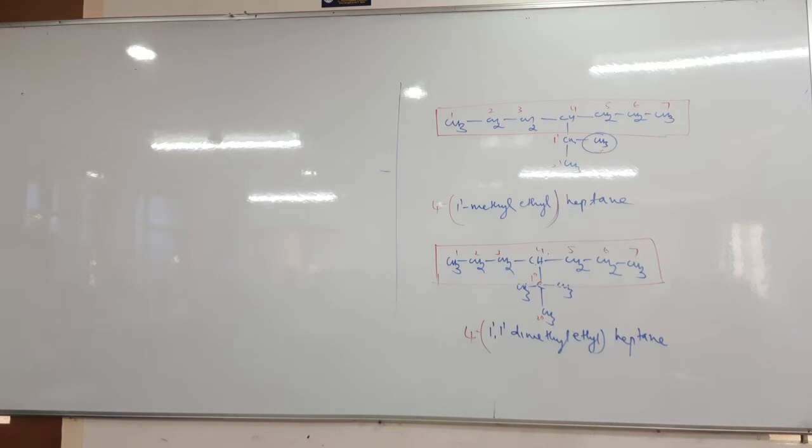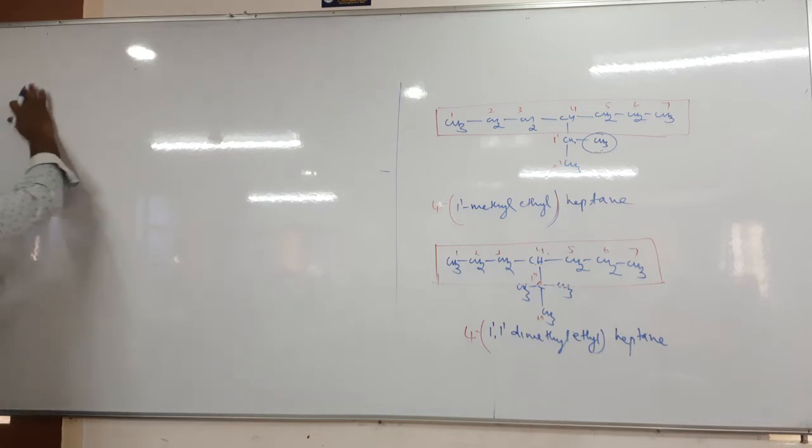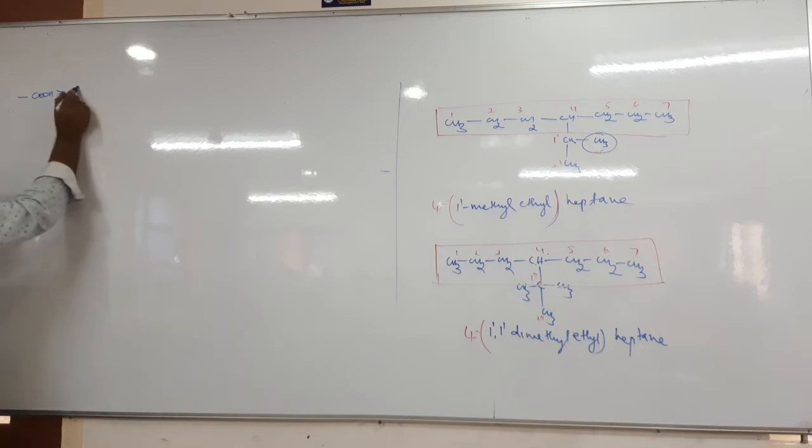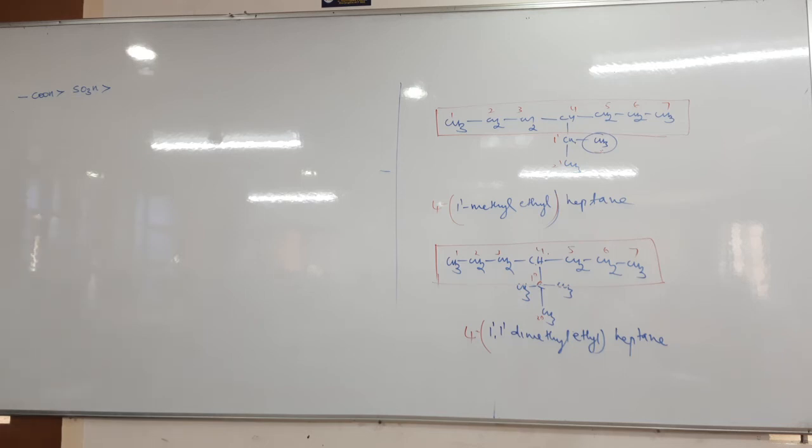If the parent chain contains two or more functional groups, then one functional group is considered as the principal functional group, and the other functional groups are taken as substituents.